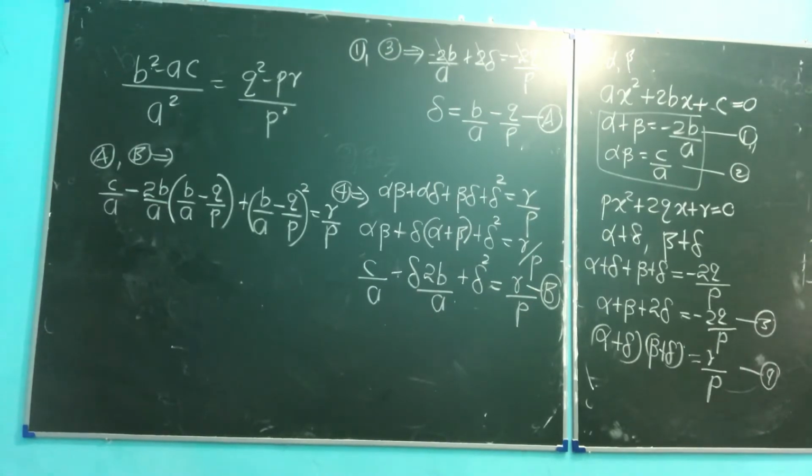Then the summation is b over a minus 2q over p, and the product of the roots is c over a, r over p. Then connect the 1 and 3, and you can find the delta value: b over a minus q over p.